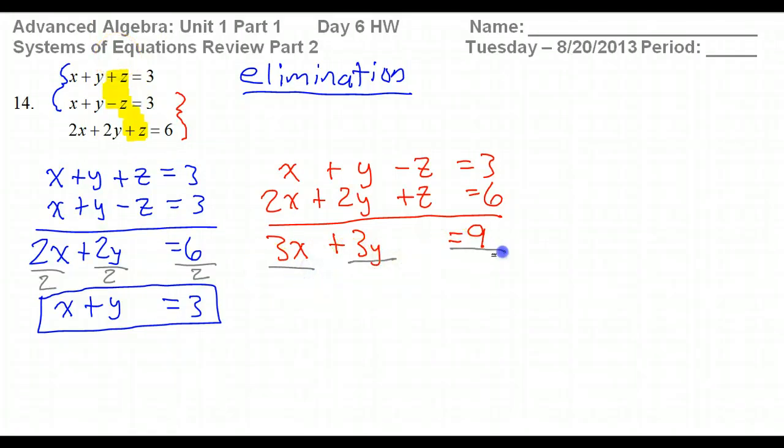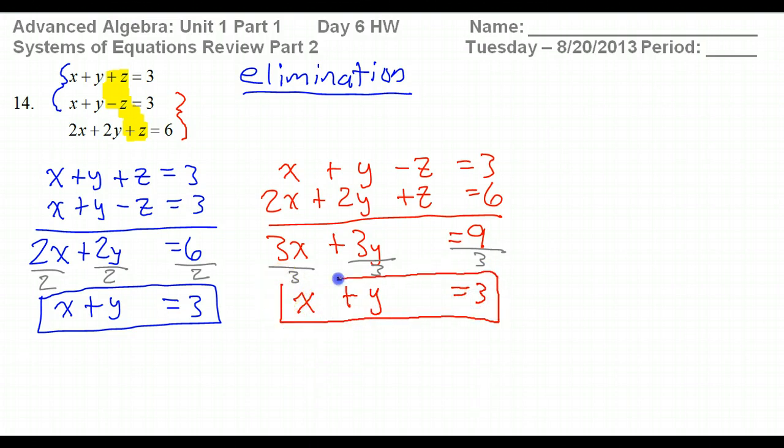Divide by 3 here, here, and here. So that is going to give me x plus y is equal to 3. I told you something strange was about to happen. It's the same exact equation.